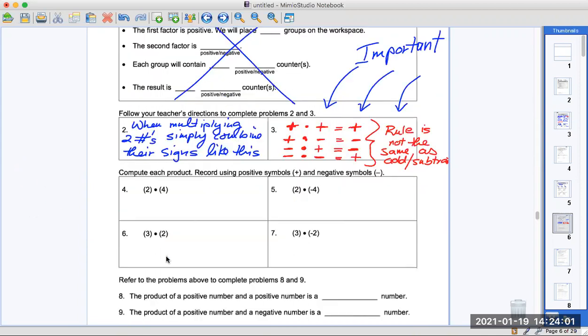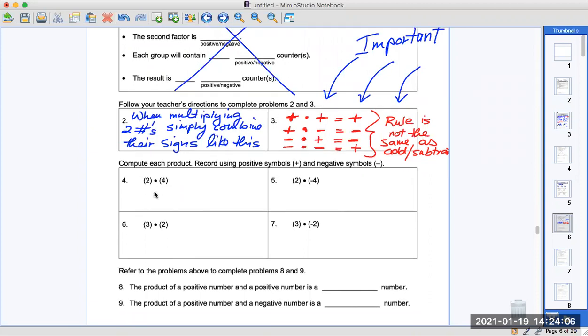Number 4, both numbers are positive. Positive 2 times positive 4. By the way, the parentheses you can have them. You could also say 2 times 4. All these mean the same. The key is both numbers are positive.